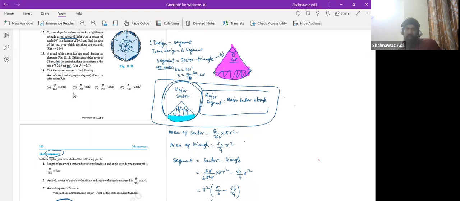so this is chapter 11. In the NCERT, they're getting 162.68, so that is also correct. So 161, 162, both are correct.